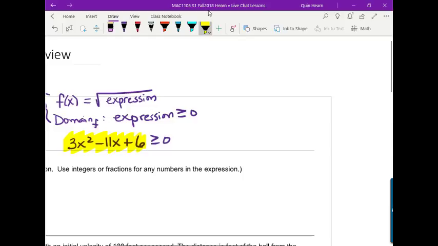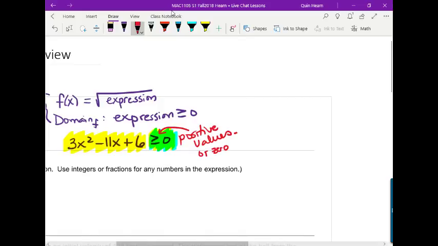And in this case, where is it greater than or equal to 0? We can interpret that as meaning where is it positive. So we're looking for positive y values. Greater than 0 means positive values, or 0. It can be equal to 0.